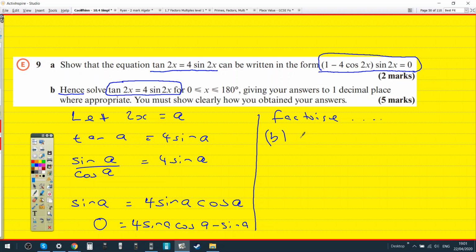What would be step 1 in solving? I'm going to leave it as A instead of 2x. What would be step 1 in solving part B? To expand the bracket.